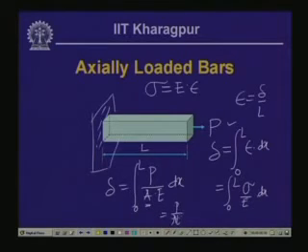If P by AE is constant, then the integral of dx will give you L. So delta is equal to PL by AE for a constant value of P and cross sectional area A. However, if there is variation of P and A along the length of the bar, then we get different deformations at different points, and correspondingly the strain value will be different, and that is how we compute the deformation in an axially loaded bar.